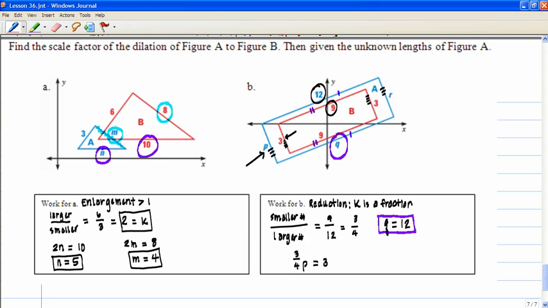Okay, so moving on, I notice that if I multiply by 4 over 3 and by 4 over 3, these fractions will cancel. And P is going to equal 4.